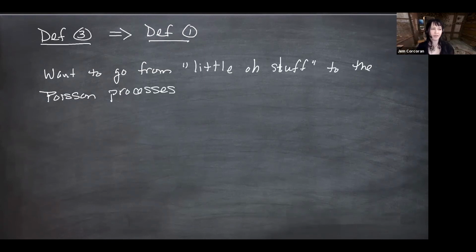But the little o stuff is, to me, saying a lot. That's actually equivalent, but it seems like a much less structured assumption. The number of arrivals in a tiny time interval is proportional to the length of the interval. I don't know whether you buy it, but let's show that definition 3 implies definition 1.